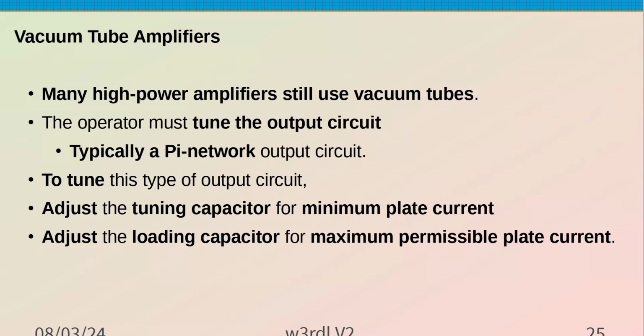For those, you have a tuning circuit, and you have to tune the output stage that normally feeds into a pi network. It's two capacitors centered across a series of inductors, like the pi symbol.